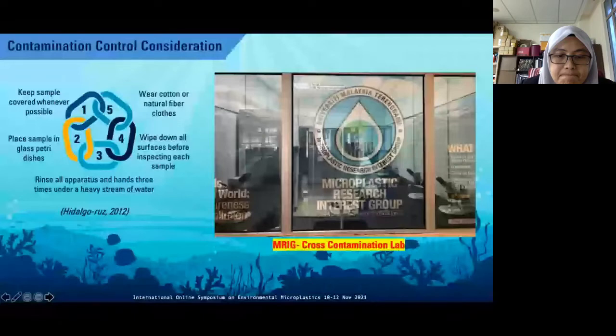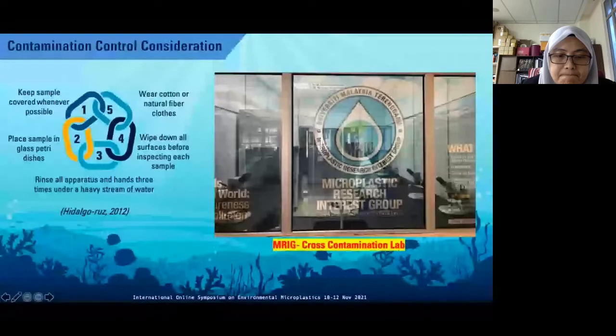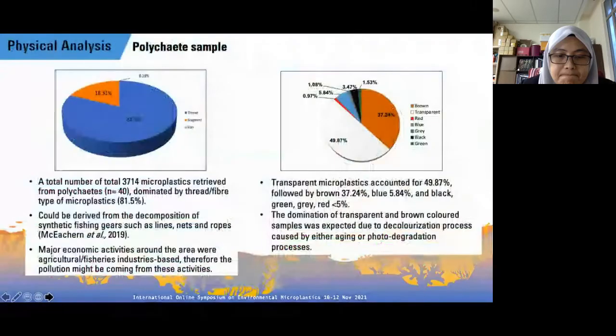These are some contamination controls that we have to consider. This is very general, but in our lab we have a clean sorting room that we dedicate to microplastic extraction and physical sorting analysis. In this room, everything is controlled to avoid cross contamination, or to minimize the airborne microplastics.